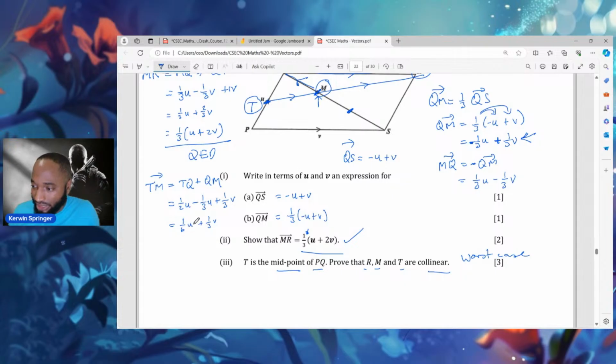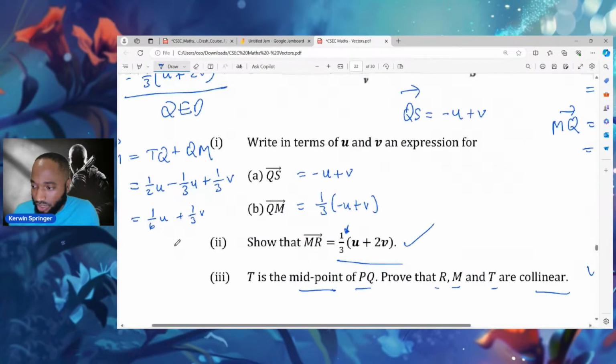And this is 1/6 U plus 1/3 V. Seen it? 1/6 could go into a third 2 times. 1/3 could go into 2/3 2 times. So the idea I'm seeing here is to pull out the 1/6. And then you have U plus 2V. 1/6 by 2 is 1/3.